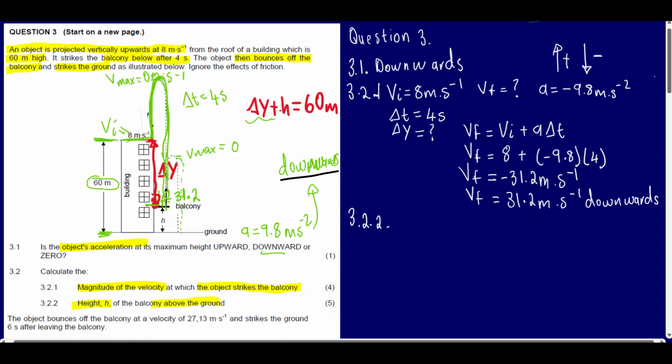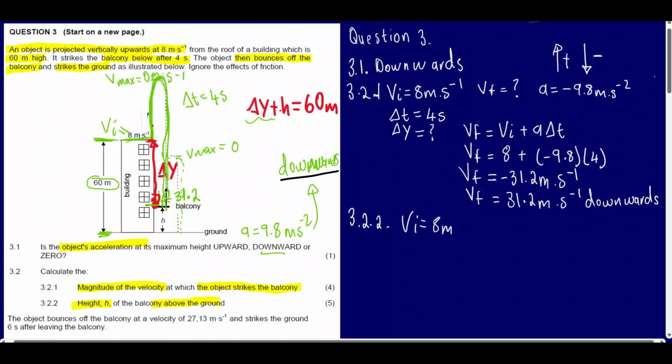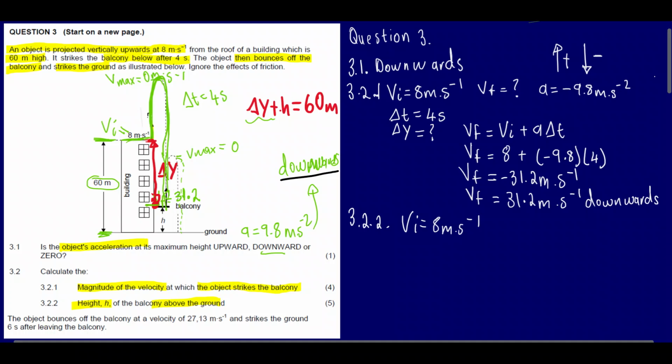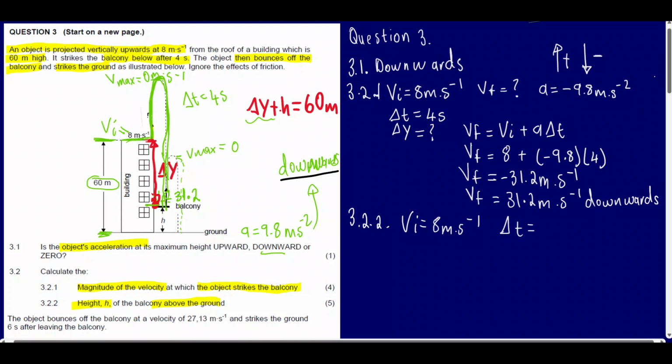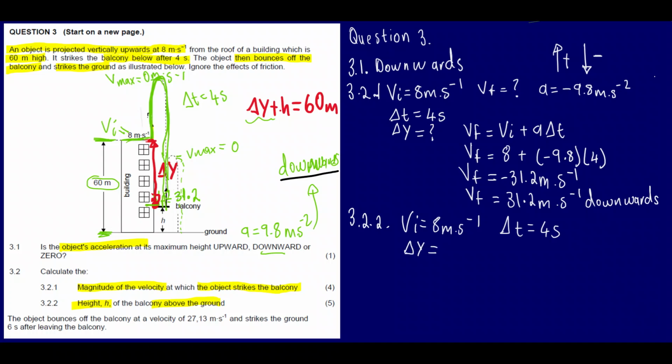To calculate the height h of the balcony above the ground, because we have the initial velocity, we can make use of the initial velocity. It's 8 meters per second, and I think we can select a formula that is suitable for that. We also have the time, which is 4 seconds taken to reach the balcony from that initial velocity.